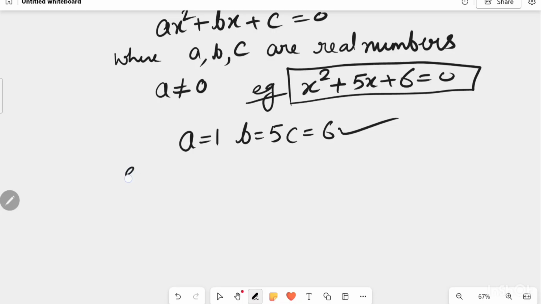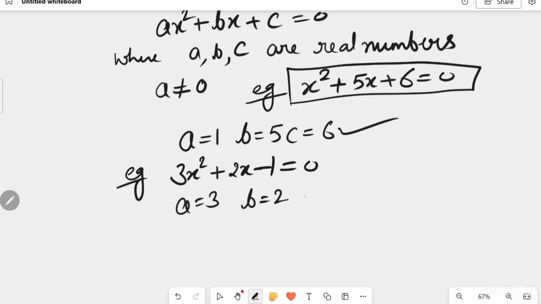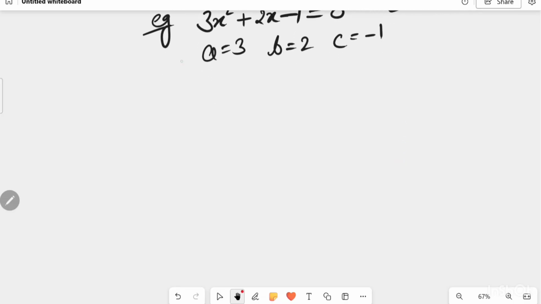If we take another example, 3x square plus 2x minus 1 equals to 0. Here a is equal to 3, b is equal to 2, and c is equal to minus 1. This is also a quadratic equation. Another example, x plus 7 equals to 0.